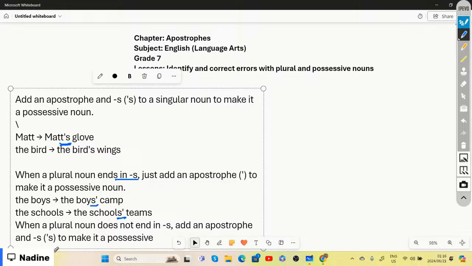Think of a word. So let's think of the plural form of something. Let's say maybe the plural of child.